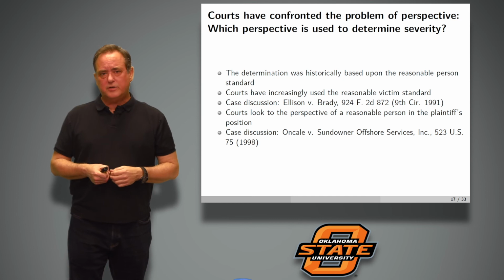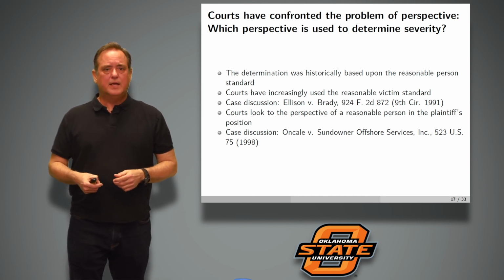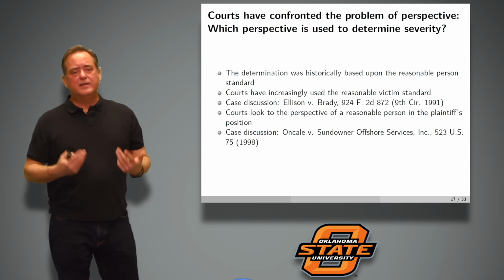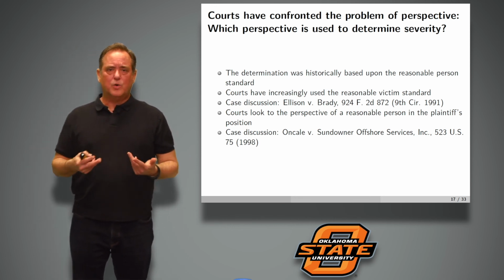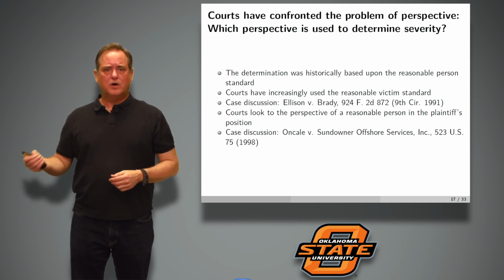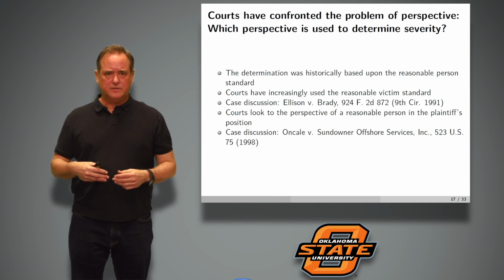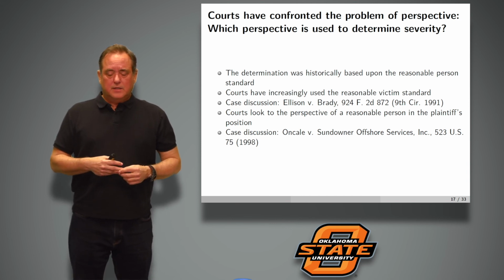This case was important too because, first of all, it was the first same-sex sexual harassment case, and it involved a young man who, at 18 years old, had gotten his first job working as a roustabout on an oil platform which is 40 miles off the coast of Louisiana.